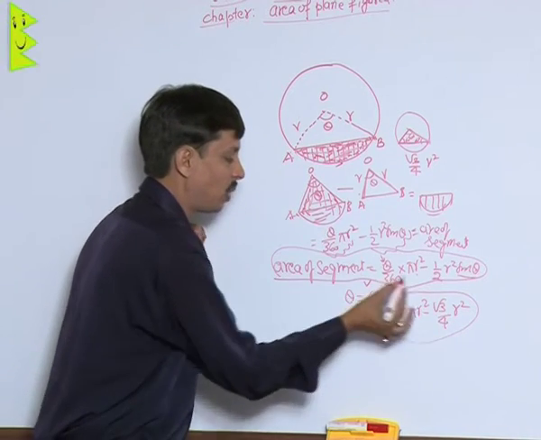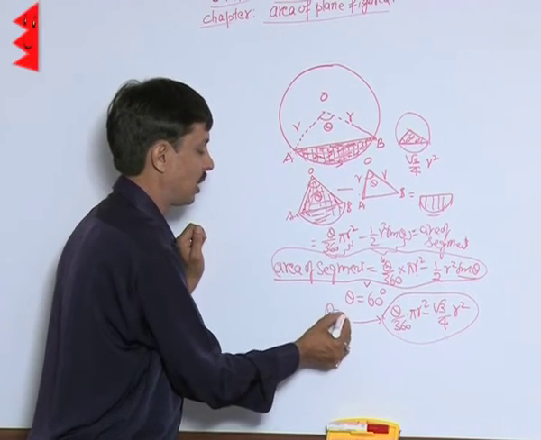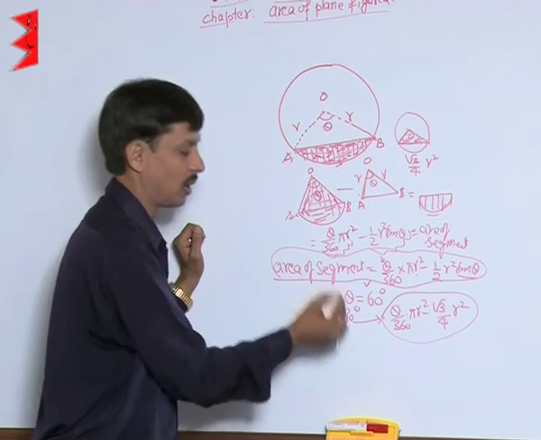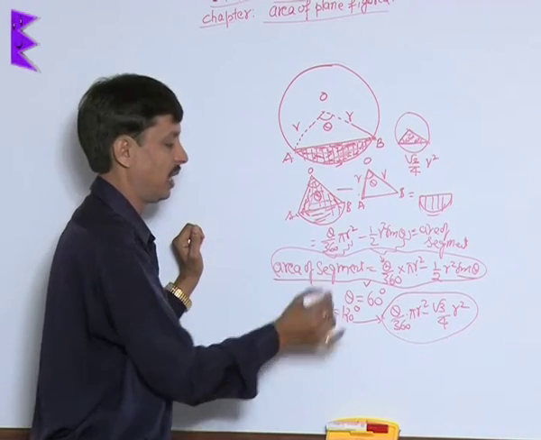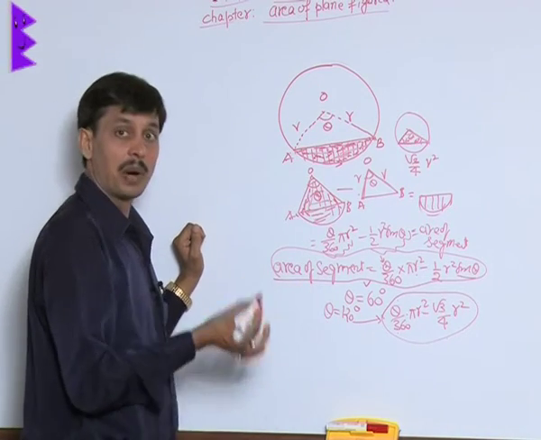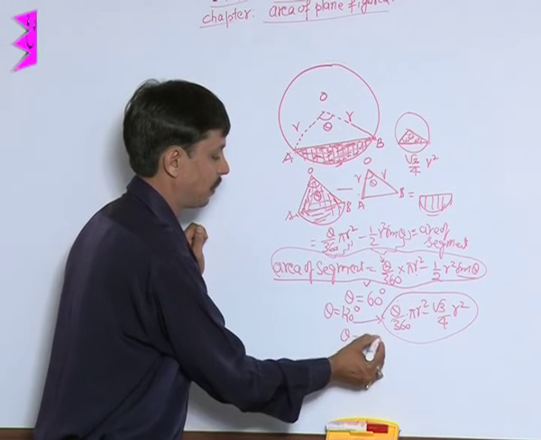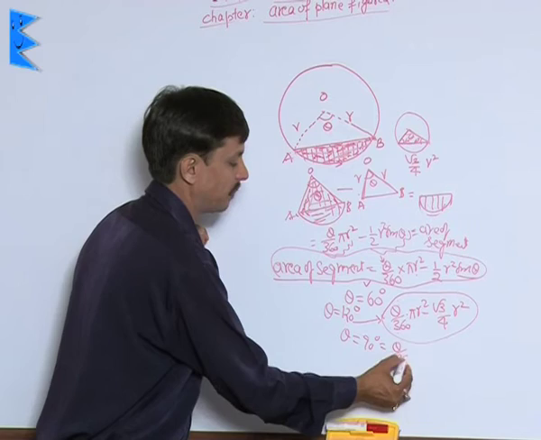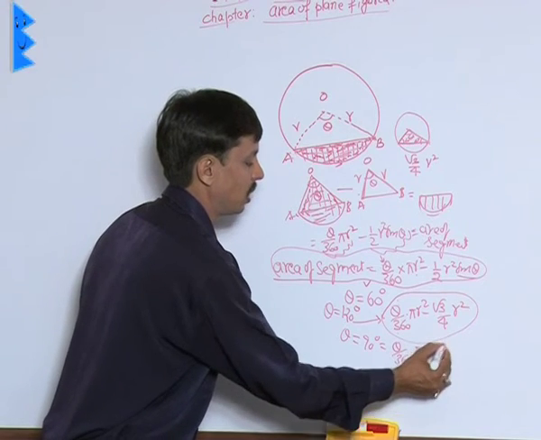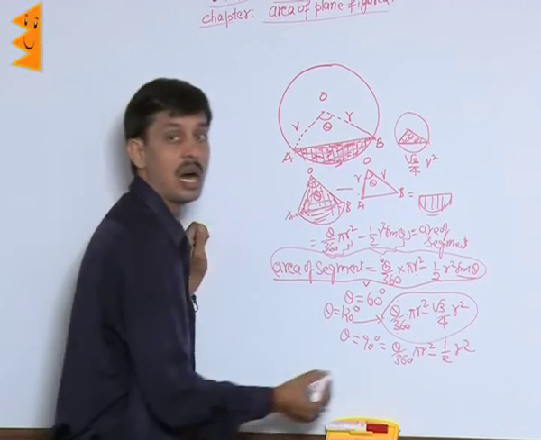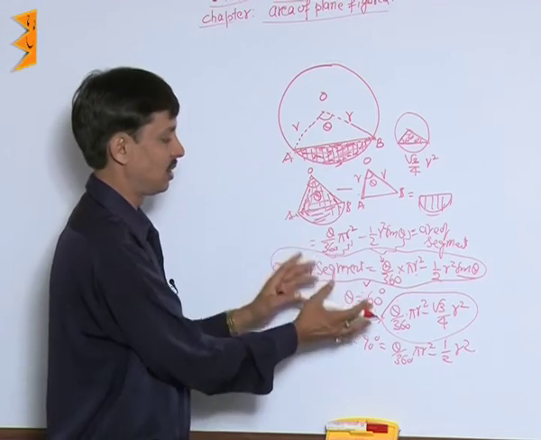The same formula is also applicable when theta is 120 degrees. You can verify. But if theta is 90 degrees, then the formula is theta by 360 pi r square minus half r square.